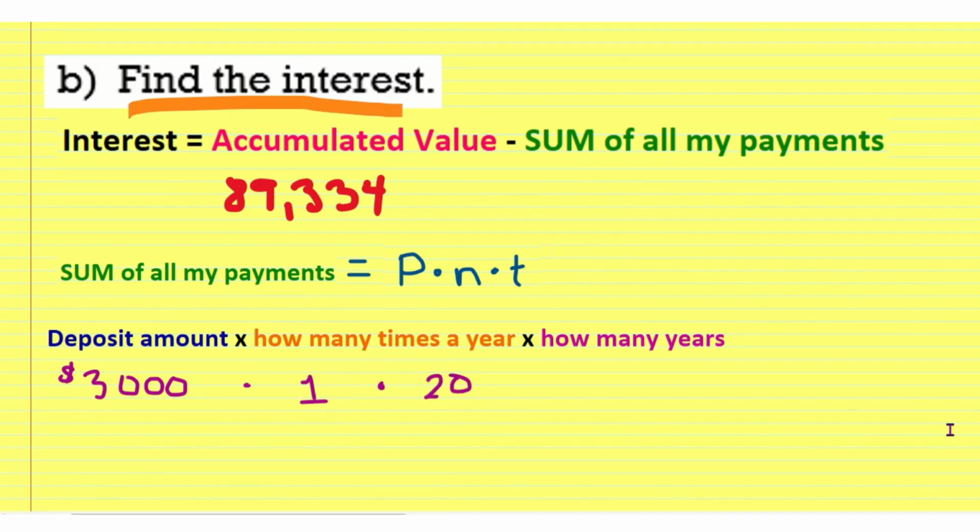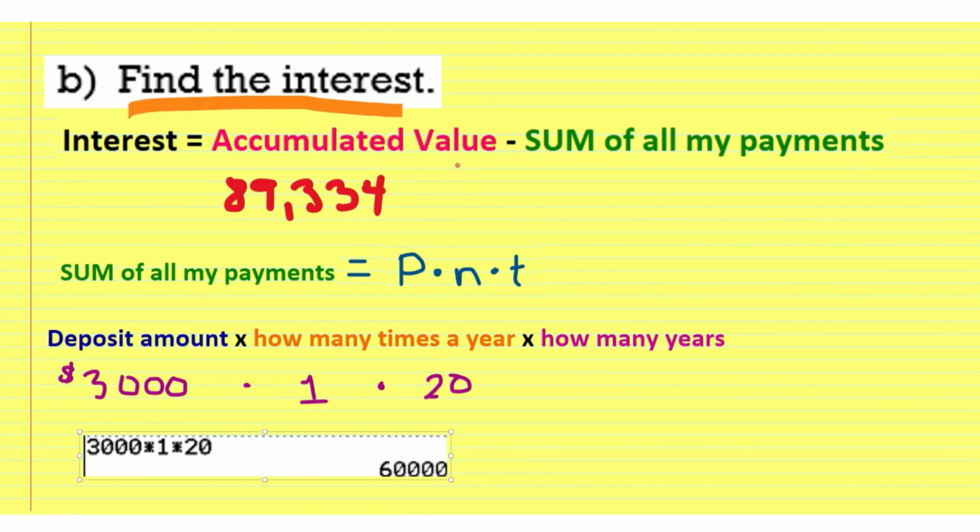So when I calculate those together, that will give me the sum of all of my payments. 3,000 times 1 times 20 is 60,000. So the sum of all my payments is equal to 60,000.